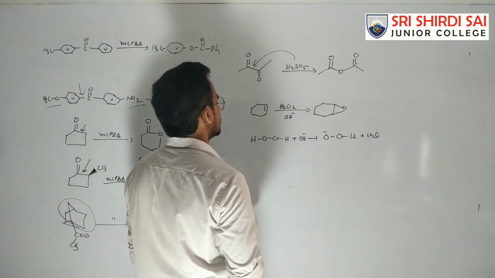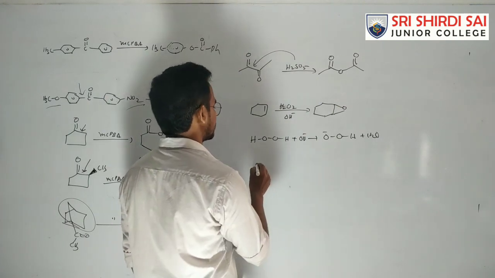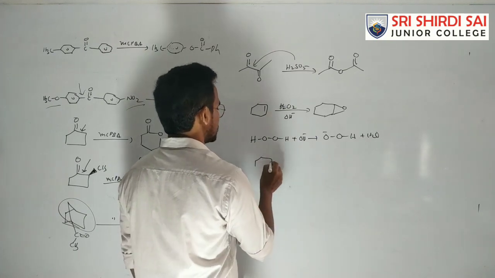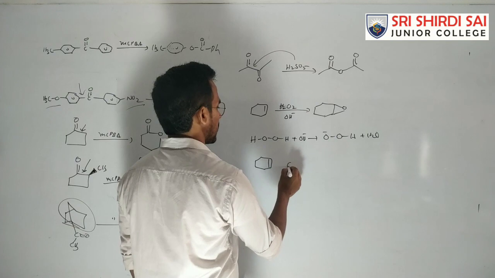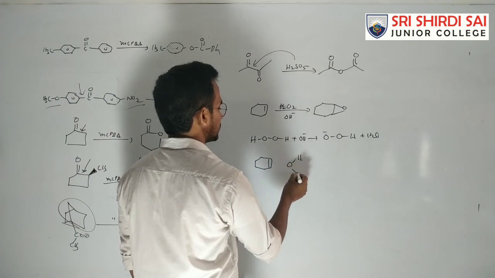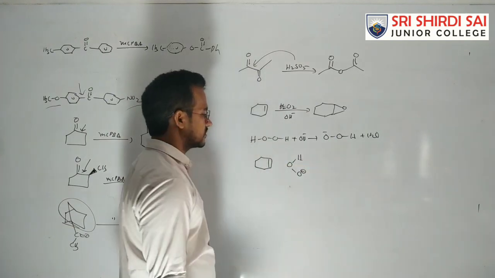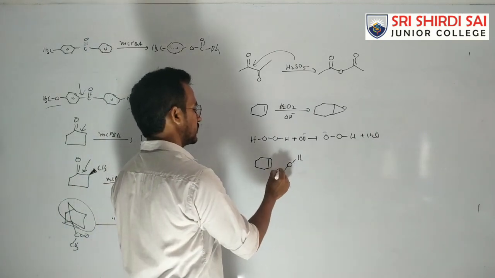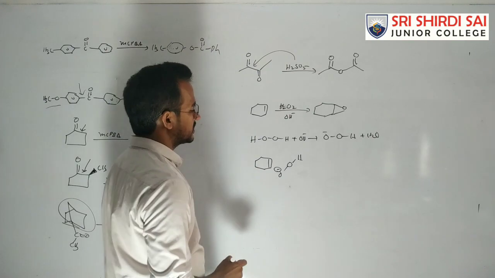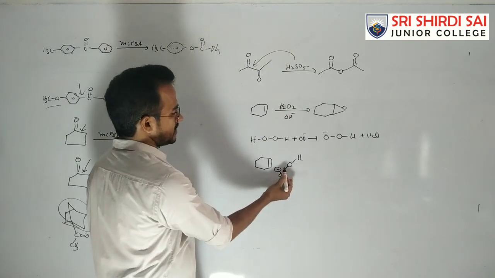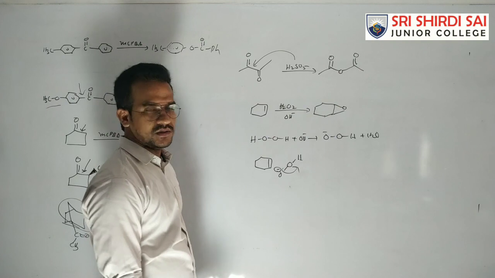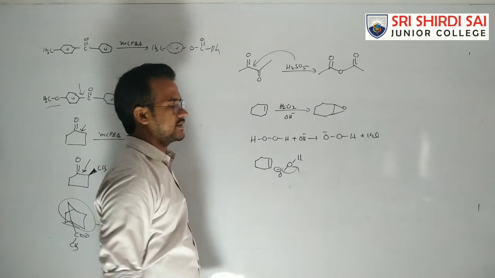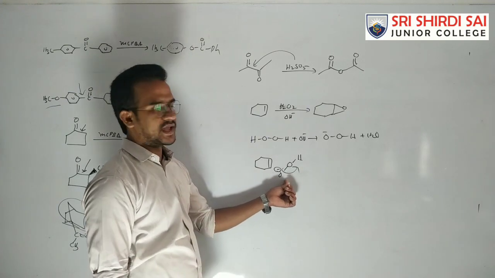Suppose in this reaction, this oxygen and here OH, O minus. I am writing like this. Now by the leaving of this OH minus, this oxygen becomes a neutral oxygen atom, because this oxygen loses electrons.